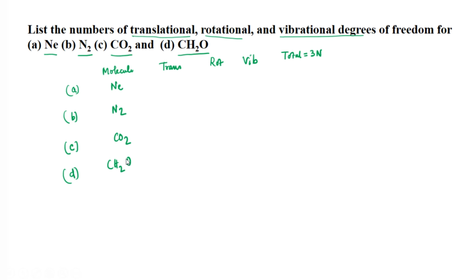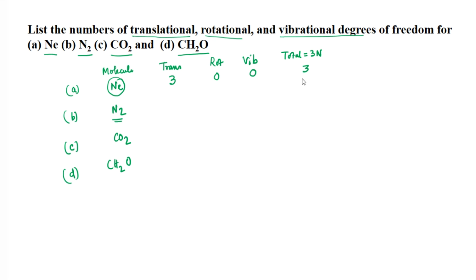So, for the first case, because it is just an atom, the total degrees of freedom we have is 3n. So, 3 times 1, this is 3, and we know there are 3 translational degrees of freedom. So, the rotation and vibration are 0. For the second case, it is a diatomic molecule.